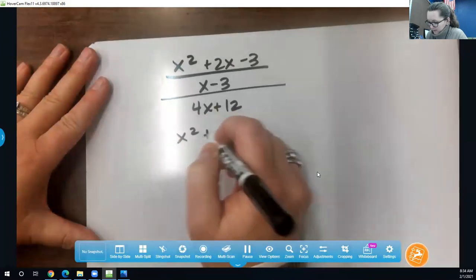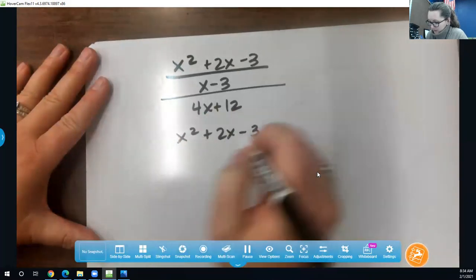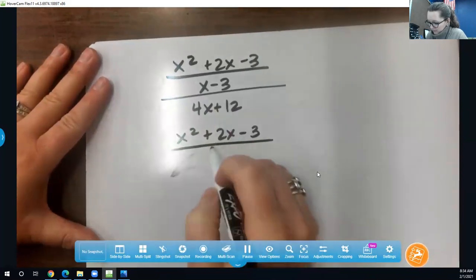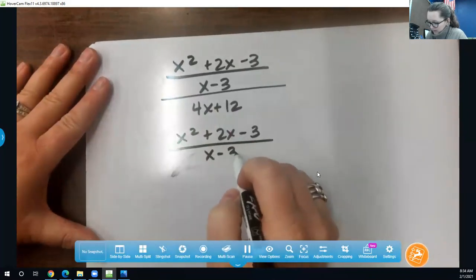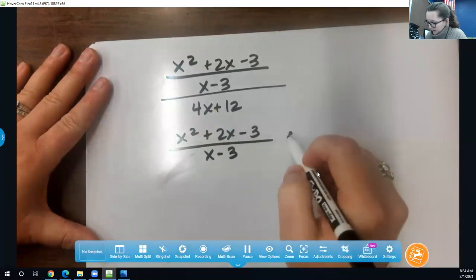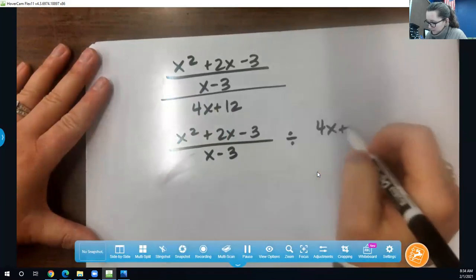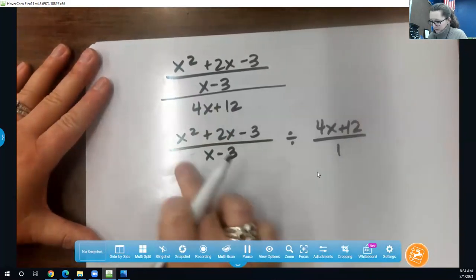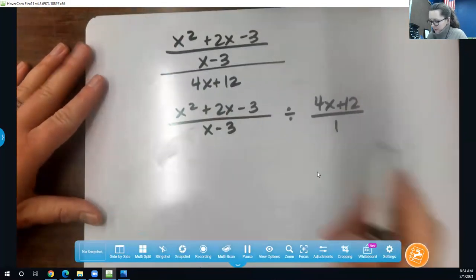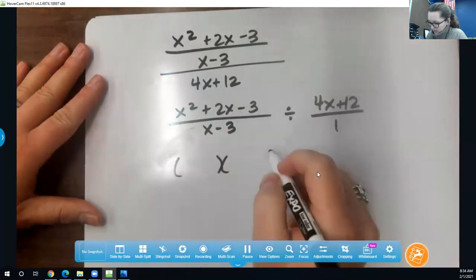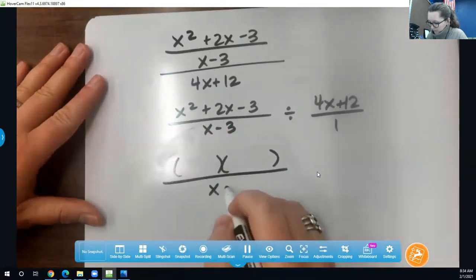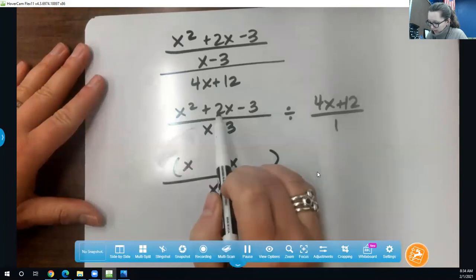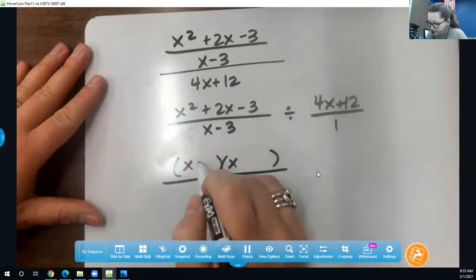So if I were to write this as something that's recognizable, I could just write 4x plus 12 like this. I'm going to make it a fraction by placing it over 1, so that's a little bit easier to work with. All right, so let's see if we can factor, and we'll multiply by the reciprocal. So x and x, what multiplies to get -3 and adds to get 2? +3, -1.